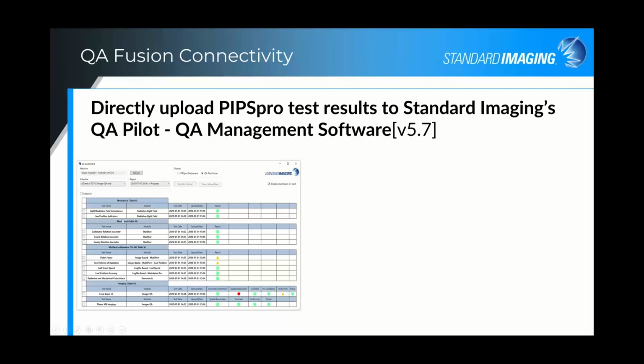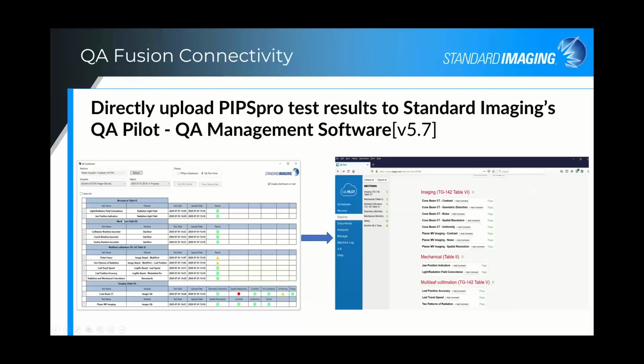So when you pick those tests accordingly, you can then have those right in QA Pilot. So then it's a storehouse of all your QA results. Like I had mentioned for TG-51, for TG-142, again your daily QA, things like that, and you can manage that, and you can review all those.